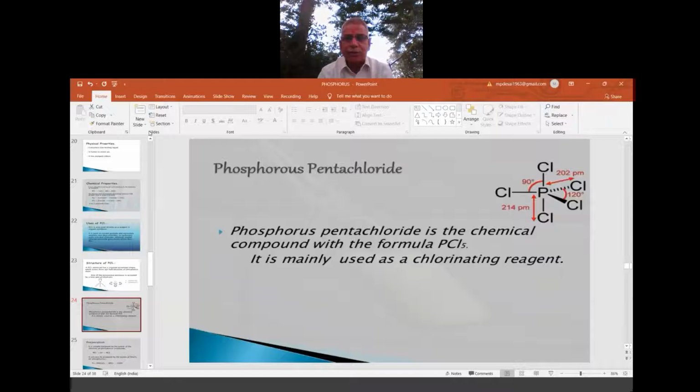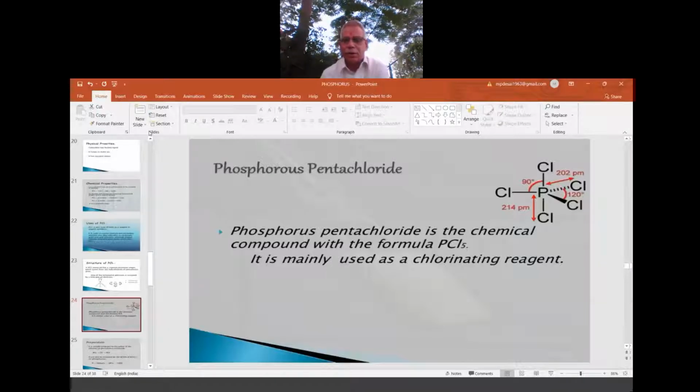The 2 chlorine atoms above and below are called axial chlorine atoms, and the 3 atoms in the triangle are called equatorial. The axial chlorine atoms, above and below the triangle, are unstable, the bond length is more, and they can be ruptured easily just by heat. So PCl5 always keeps giving Cl2 and PCl3. It is unstable compared to PCl3.